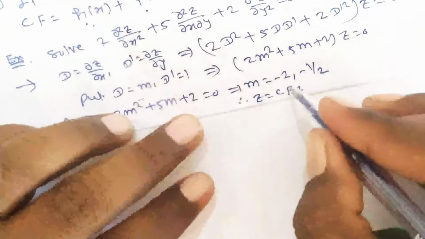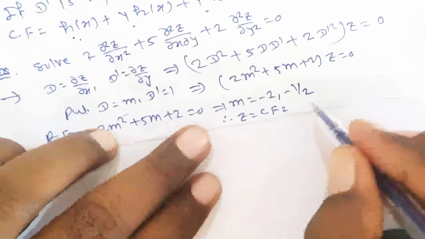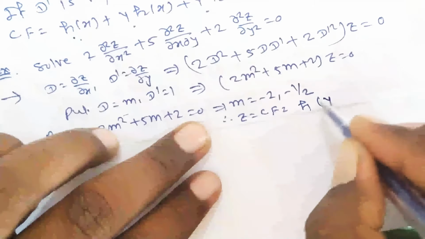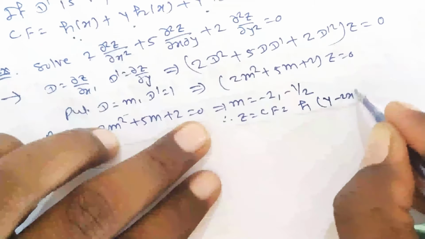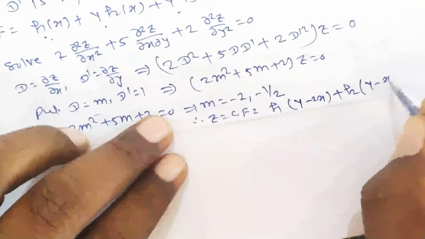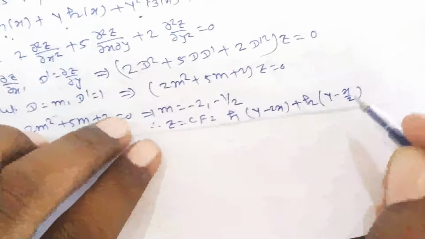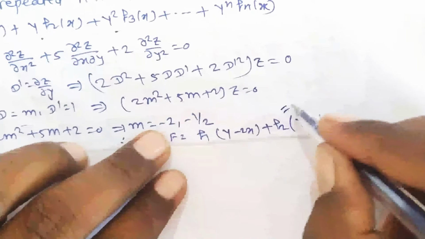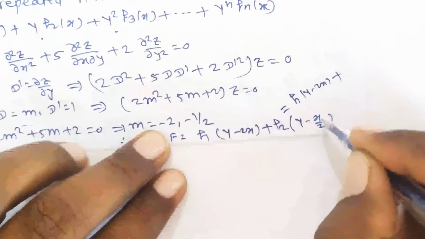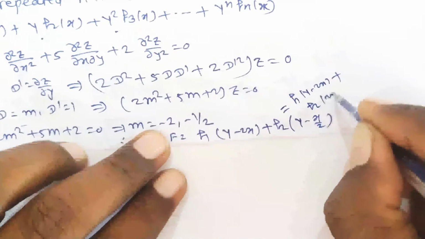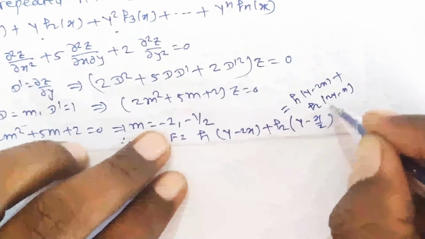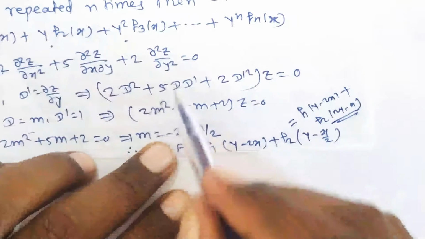So take m1 = -2 and m2 = -1/2. So the solution is f1(y - 2x) + f2(y - x/2). Or we can write this solution as f1(y - 2x) + f2(2y - x) this way also. So this is the complete solution of this differential equation.